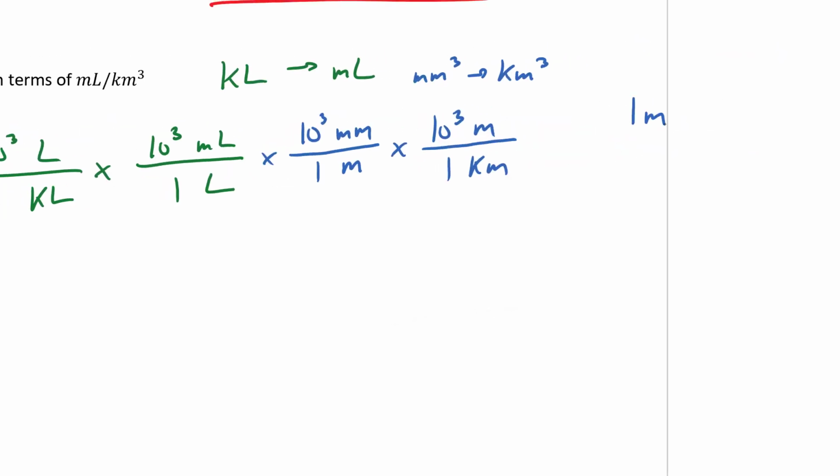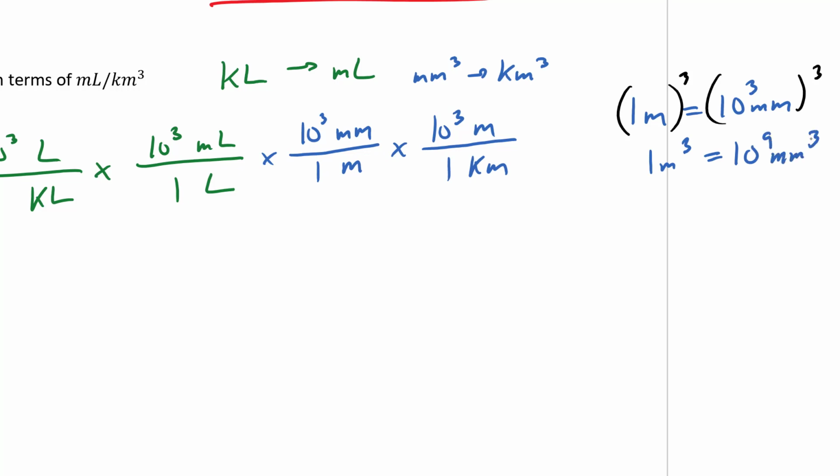Now remember why this works out. 1 meter is 10 to the 3 millimeters. But I'm going to cube both sides, giving me 1 meter cubed is equal to 10 to the 9 millimeters cubed. So you can see I can cube this, I can cube that, I can cube this, and I can cube that.